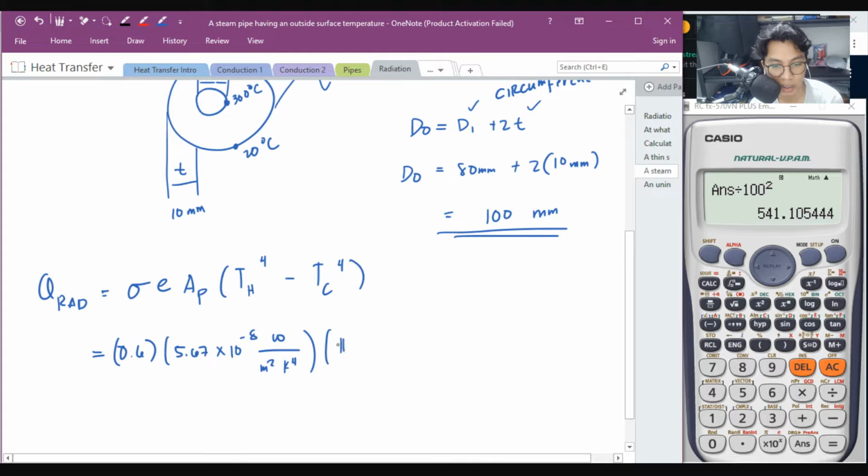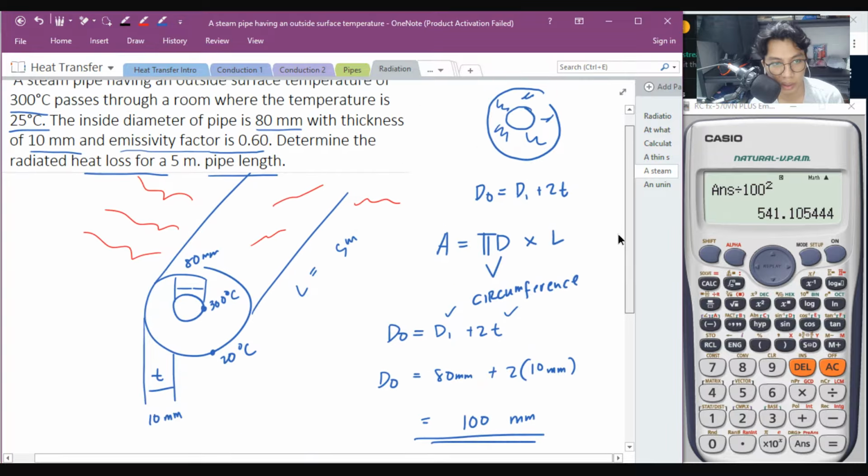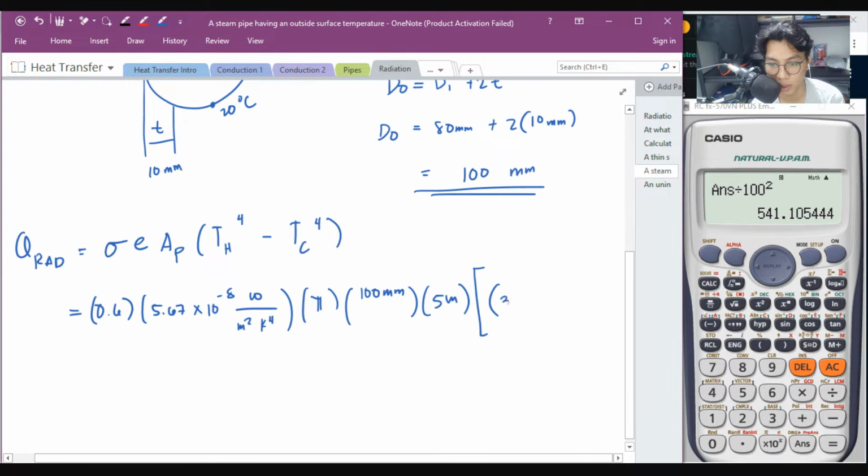So, pi do. Okay? Do is 100 millimeter. Tapos yung length na 5 meters. And then yung temperature change. I-absolute muna natin yan. Okay? Kailangan na absolute siya. So, 300 plus 273.